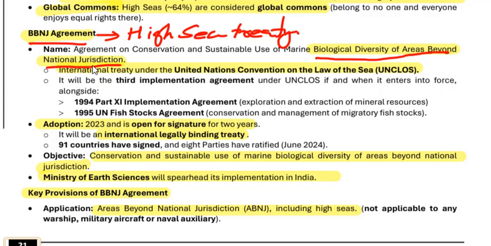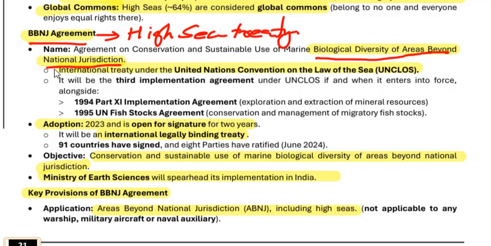What is national jurisdiction here? It means what comes after the exclusive economic zone. BBNJ, also known as the High Seas Treaty, comes under UNCLOS, which is an international agreement. It aims to protect and sustainably use marine biodiversity in the areas beyond national jurisdiction.